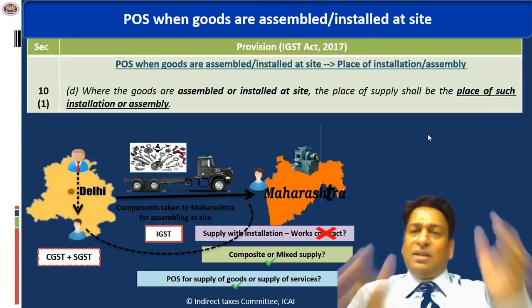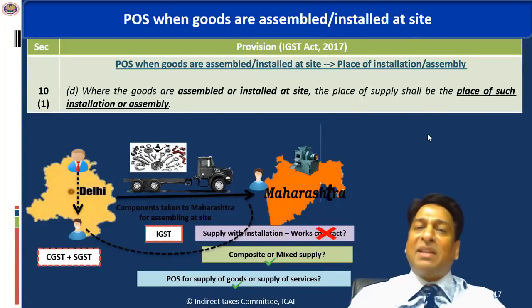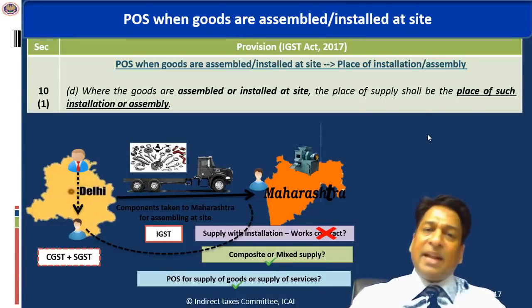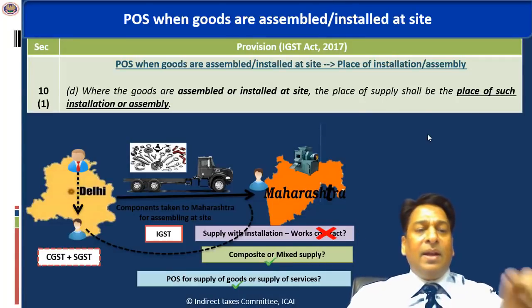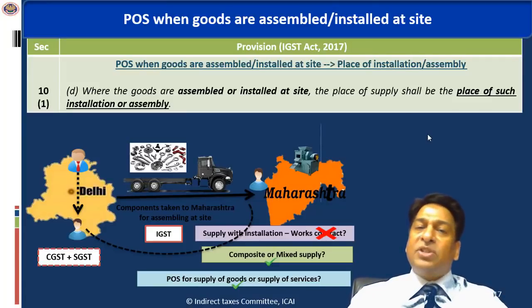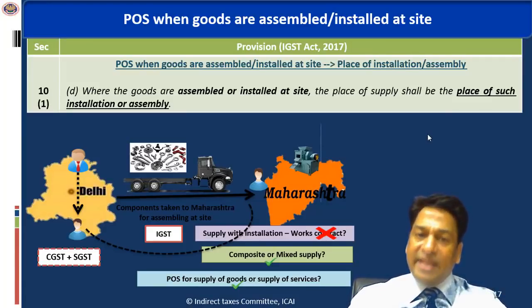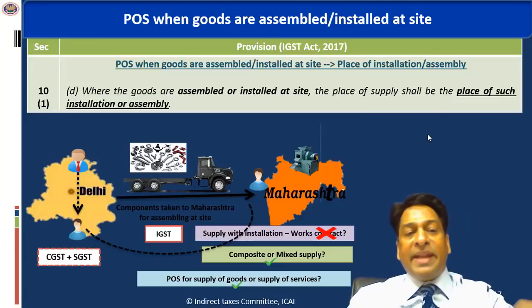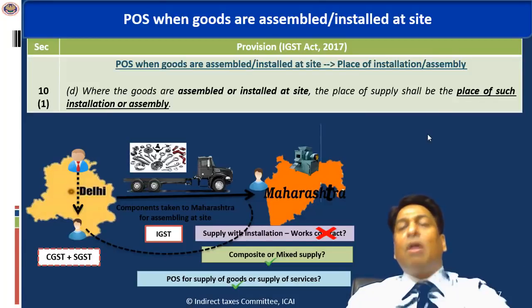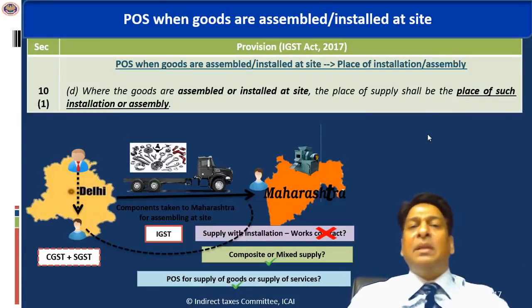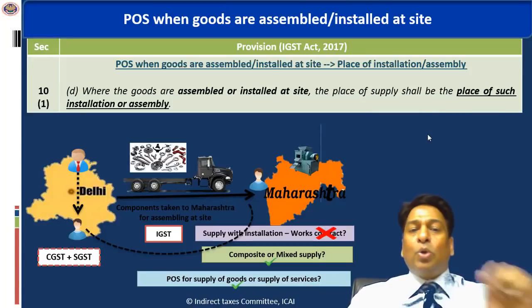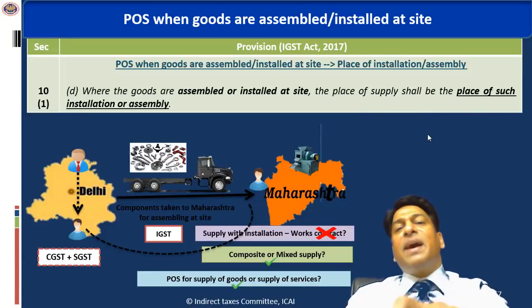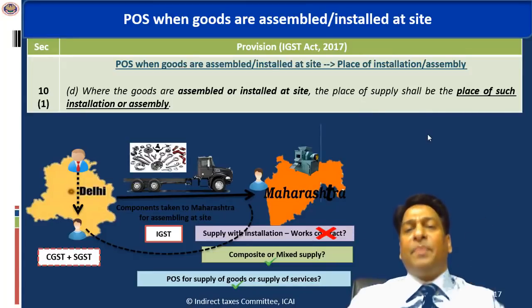Very simple, explained by way of practical case study. Let's look at this practical case study. Let's say location of supplier is in Delhi. Now he is supplying a particular component. In a given example, kindly see, to a customer in Maharashtra, let's say Pune.